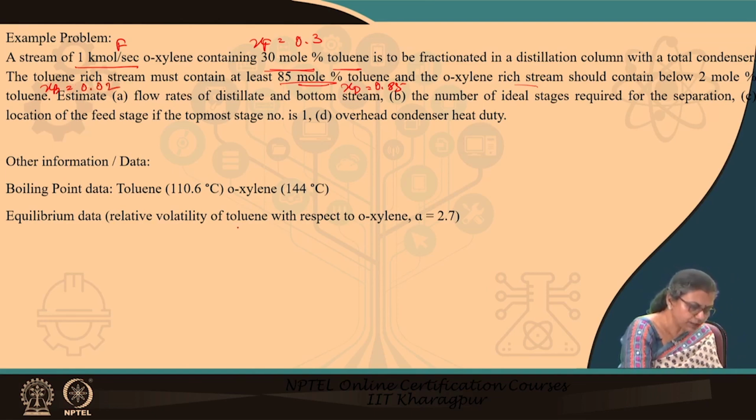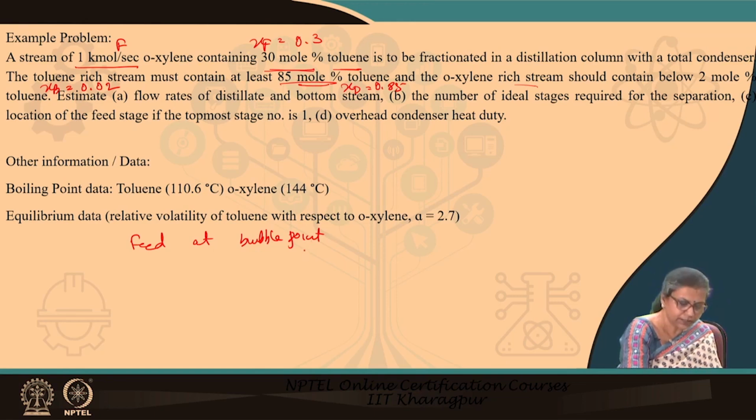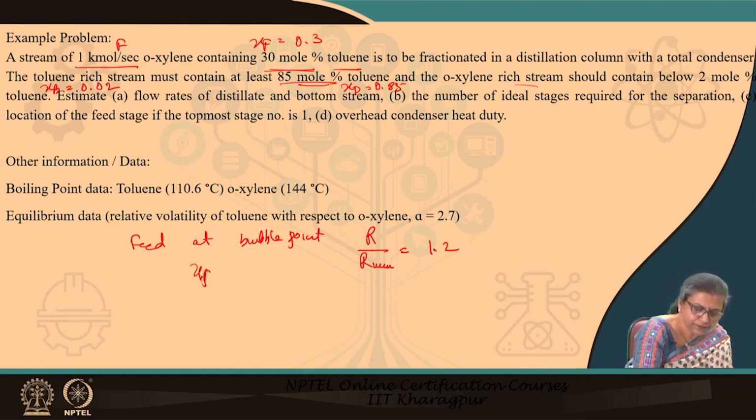So, for this particular problem, initially what do we do? Every time we assume the feed is at the bubble point. Now, we would be working this out in this class for R by R minimum equal to 1.2. You can try it for other R's and you can see it. XF is written as 0.3, XD I have written down 0.85, XB equals 0.02.